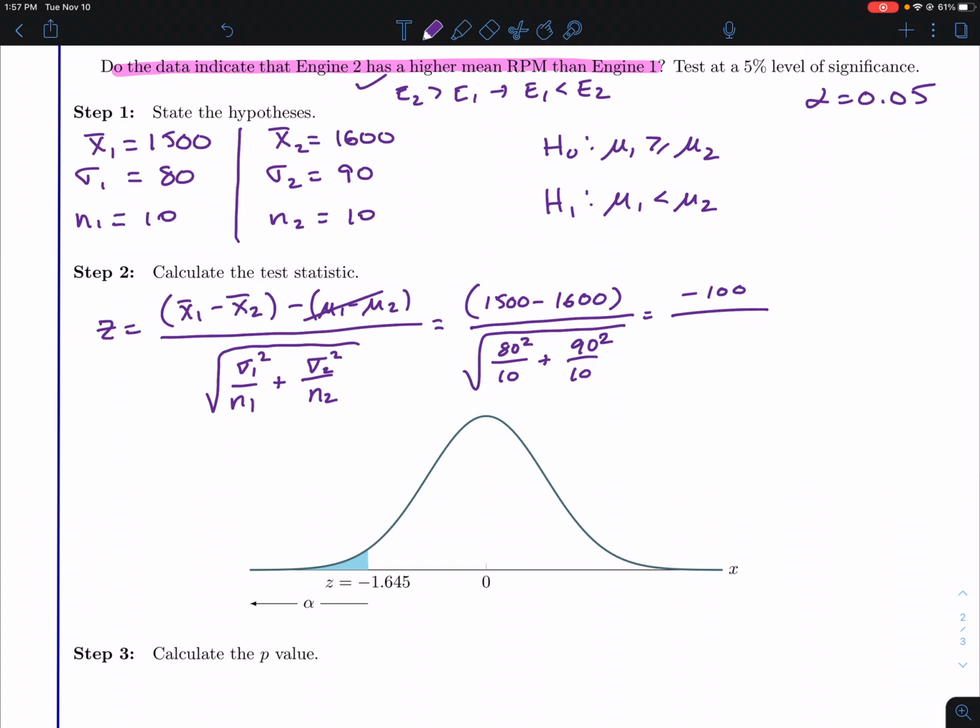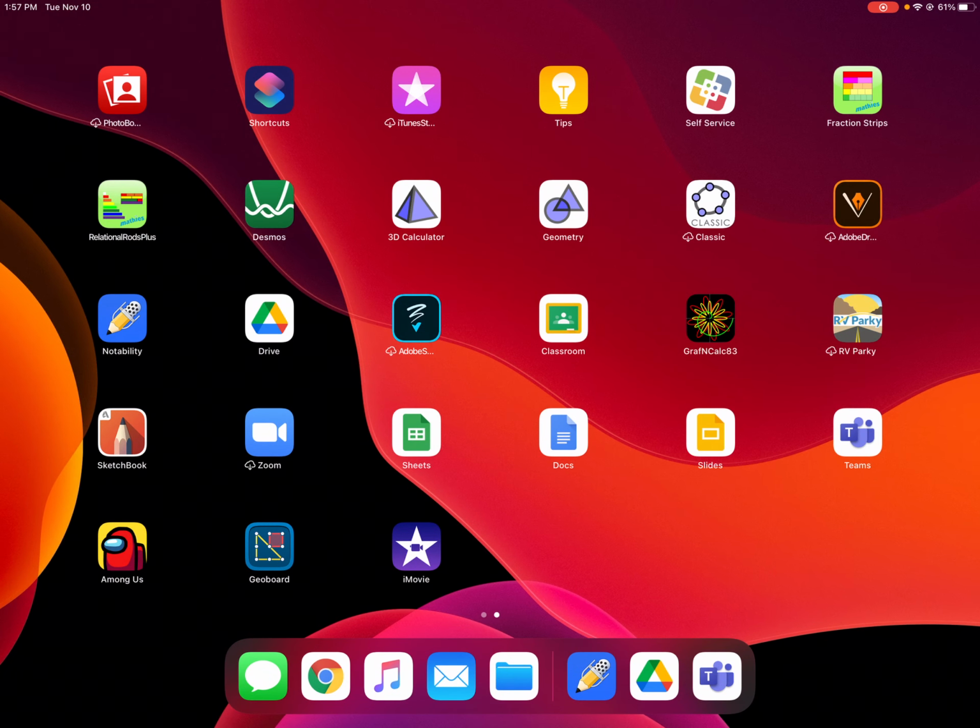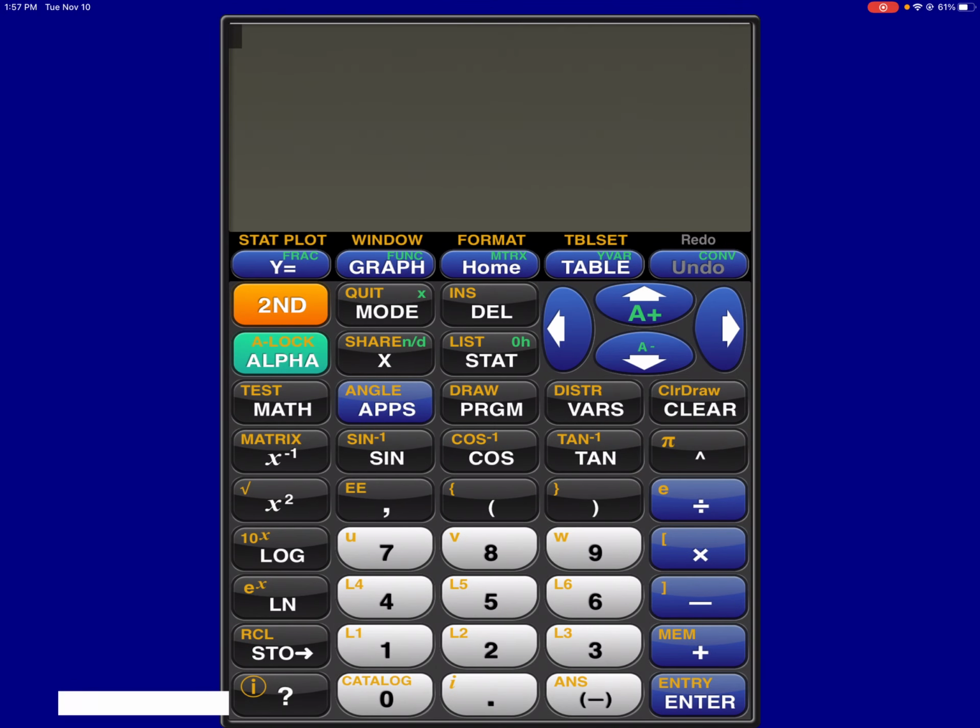And then on the bottom, let me type this into the calculator here real quick so we can see what it looks like. All right, so if we do this in one step, we're going to want to type this as square root, parentheses, and then 80 squared. Oops, hit the wrong thing. So 80 squared divided by, oops, I'm messing this up.